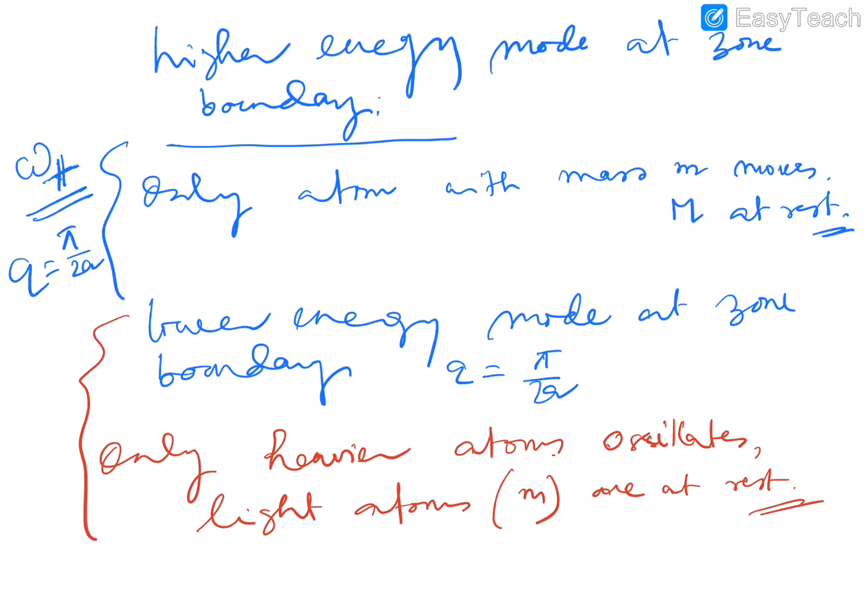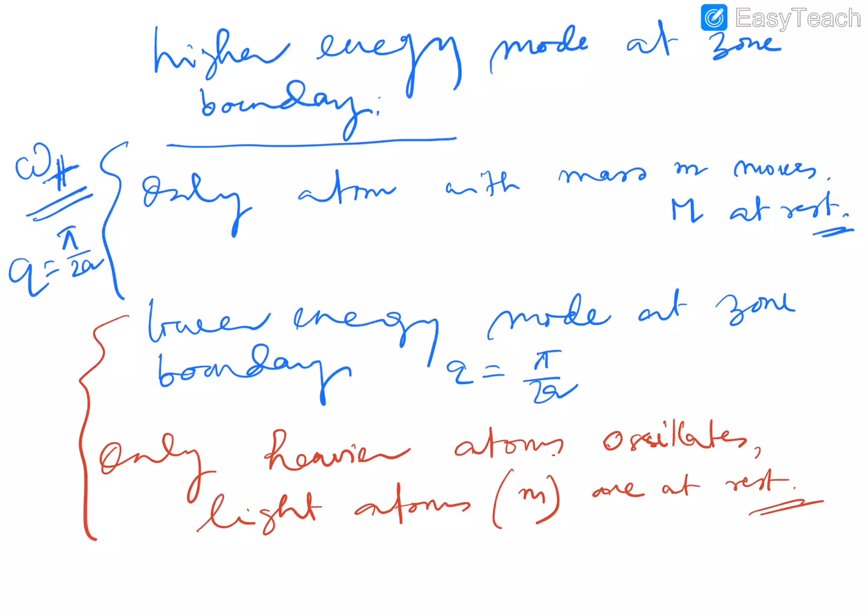We have considered two cases. At the zone center, that means at Q equal to 0, which is actually a large wavelength mode, the acoustic mode frequency is almost 0. However, there is an optical mode which can be excited at very large wavelength. Why are they called optical branches?